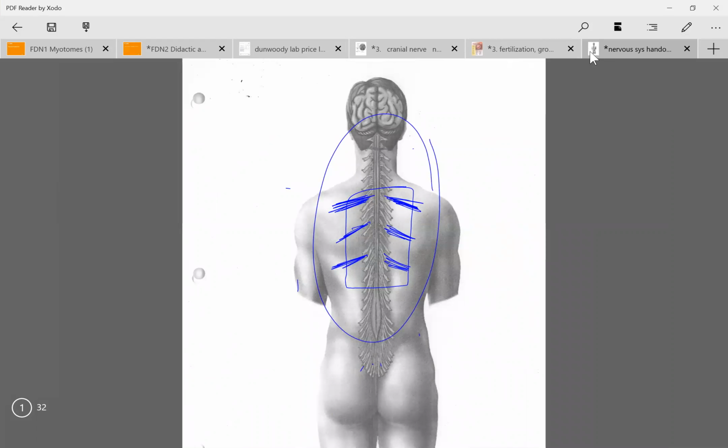Okay, so we call that spinal hygiene. And that's just a fun way of saying keeping your nervous system healthy. Keep your brain and your spinal cord as healthy as you can.